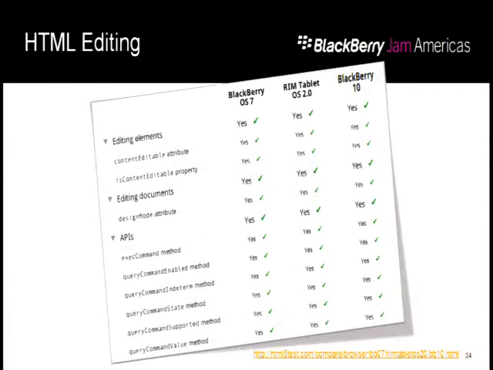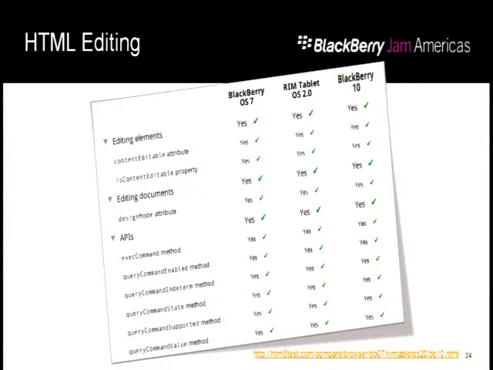HTML5 editing is something that we've supported pretty well all along, although again, we've made some improvements on the UI side in BlackBerry 10. So content editable, this is basically an attribute that you put on any HTML5 DOM element. And then if you set keyboard focus on that by, say, putting the cursor there, you get a virtual keyboard. You can type into the DOM element. So this is used pretty widely for things like blog posts or email composition.